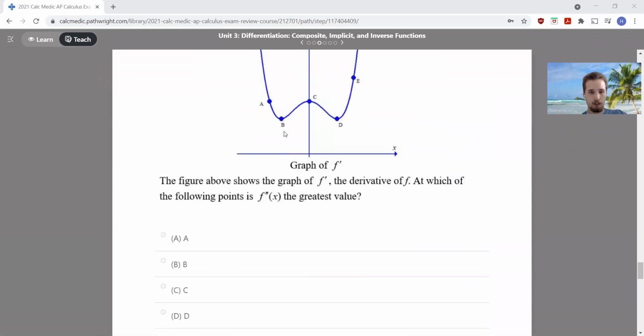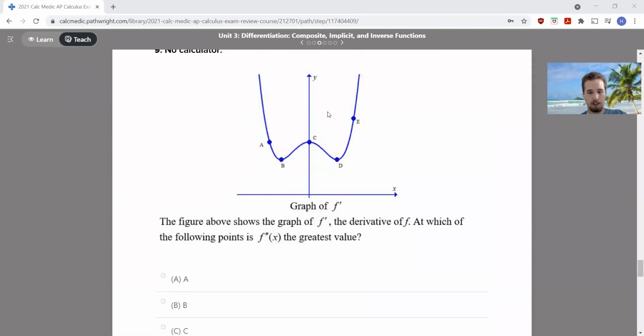So all these answers are just points A, B, C, D, or E. So we just have to figure out which of these points is the answer to this one. Okay, so this is the graph of f prime, which is the derivative of f.